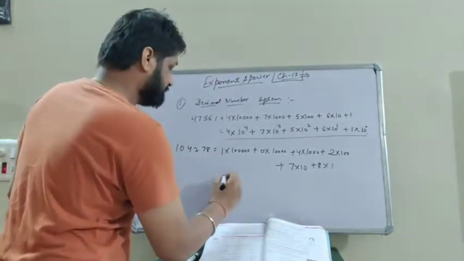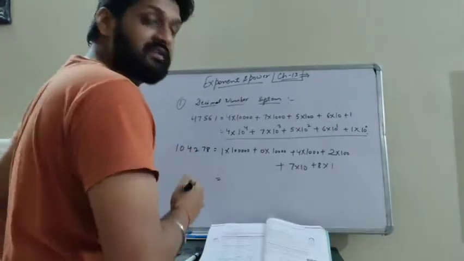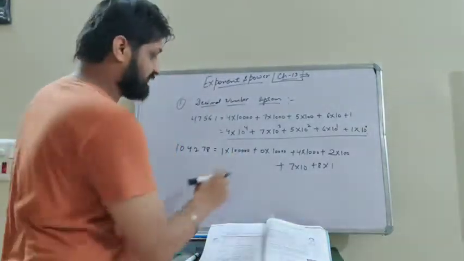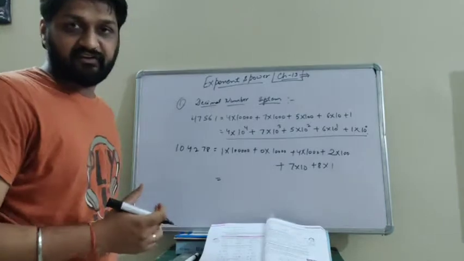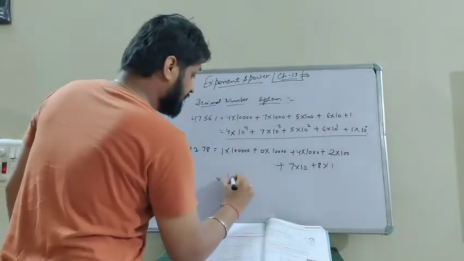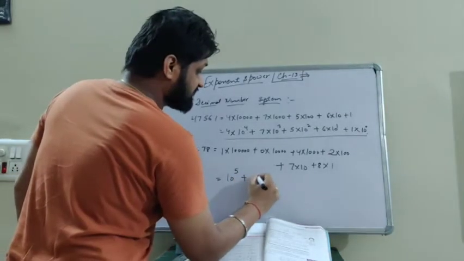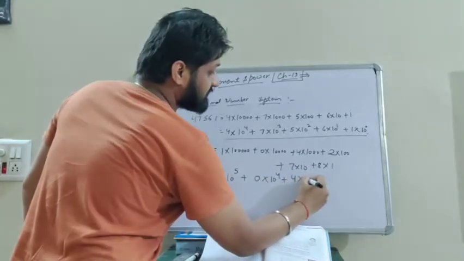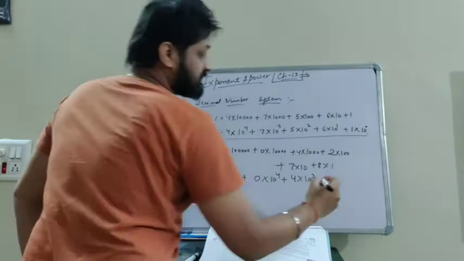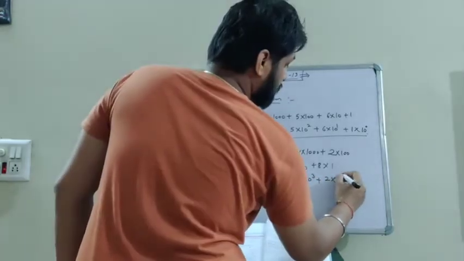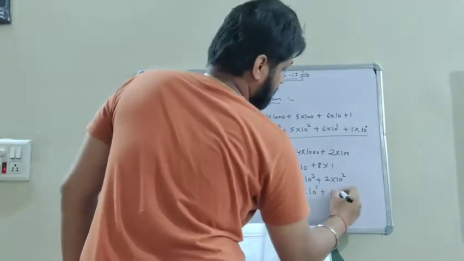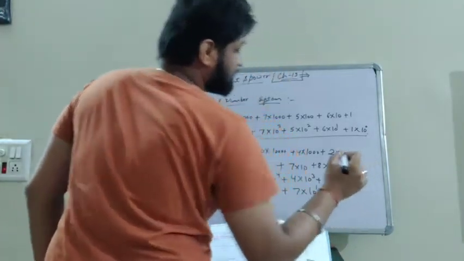Now how can we convert this? 1 multiplied by 10 raised to the power 5, plus 0 multiplied by 10 raised to the power 4, plus 4 multiplied by 10 raised to the power 3, plus 2 multiplied by 10 raised to the power 2, plus 7 multiplied by 10 raised to the power 1, and plus 8 multiplied by 10 raised to the power 0.